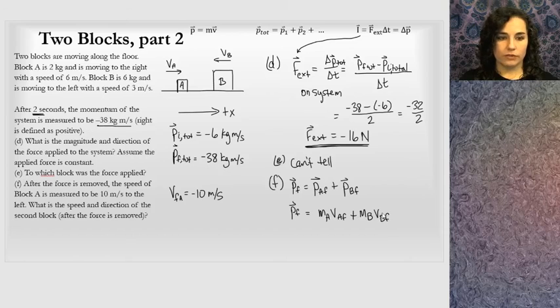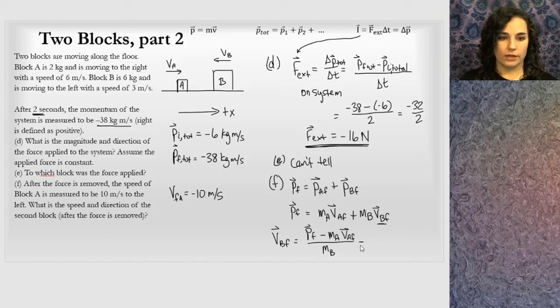And that's what we're trying to find, VB final. We know these values other than VB final, so I'm going to solve for VB final, and this is a vector. I'm going to keep track of my negative signs. I'm going to get P final minus mass A times VA final, and then divide by the mass of B.